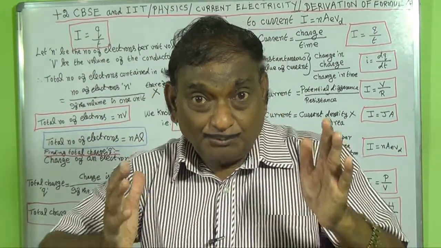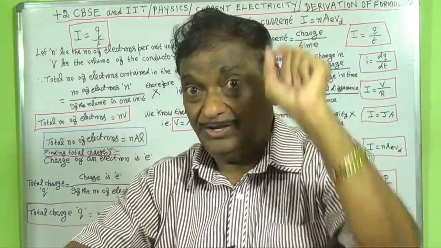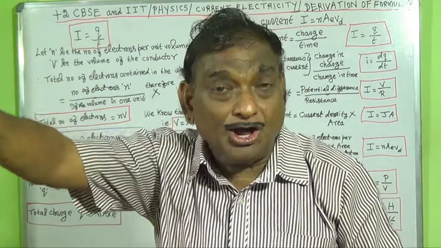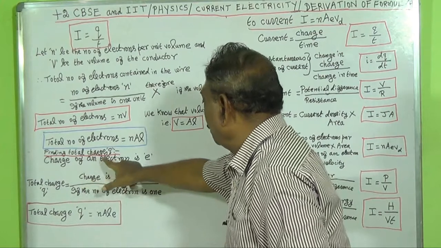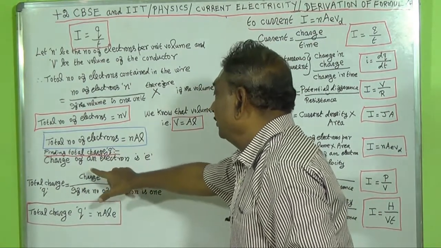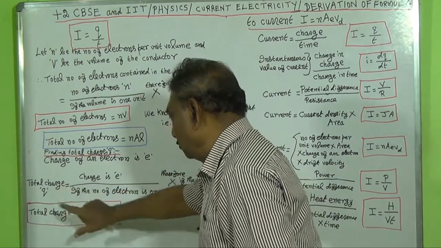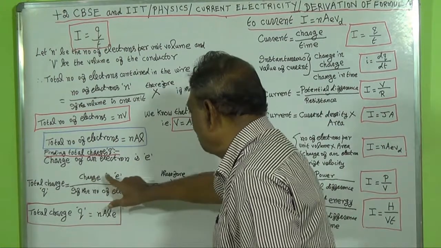So, if the number of electrons is 1, the charge is small e. Therefore, we are finding the total charge Q. Total charge Q equals, if the number of electrons is 1, the charge is small e.